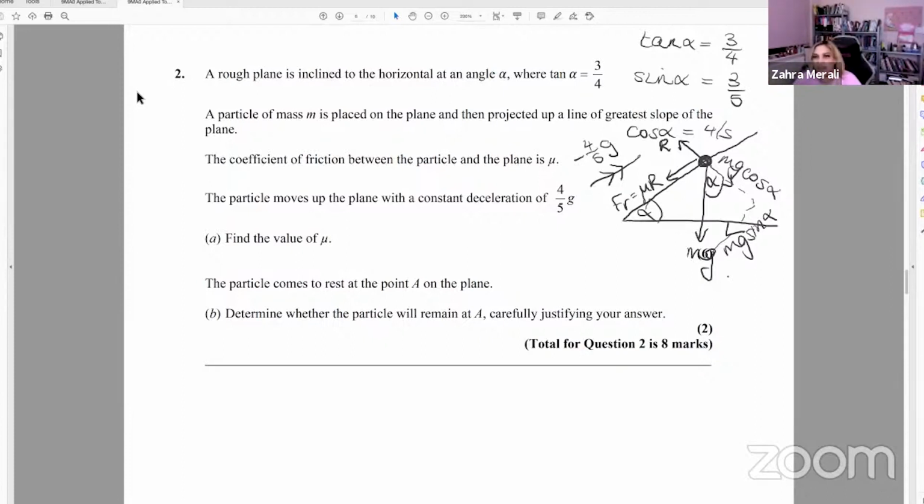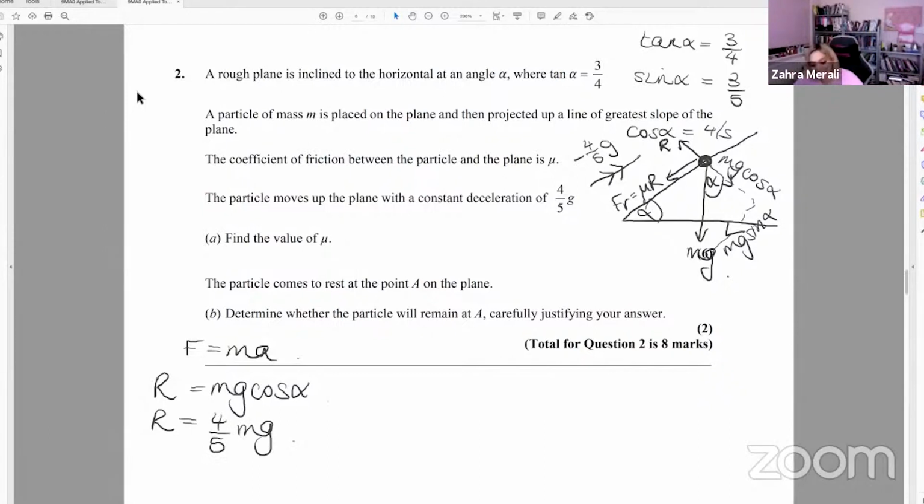So we're going to start with up equals down, because it's not jumping up, so there's no acceleration. If we think of F equals ma perpendicular, we've just got R equals mg cos alpha. And we know cos alpha is 4/5, so R equals 4/5 mg.